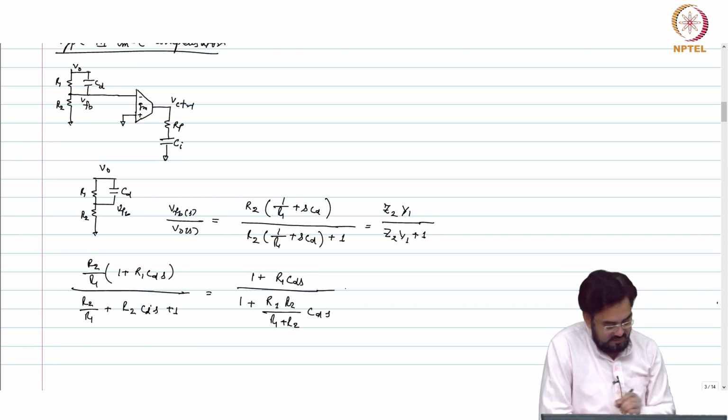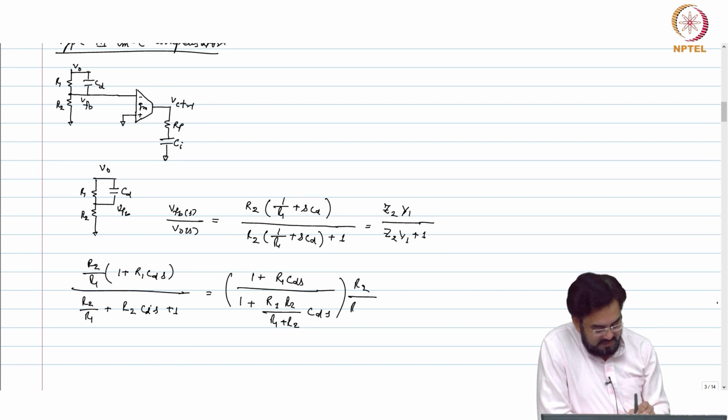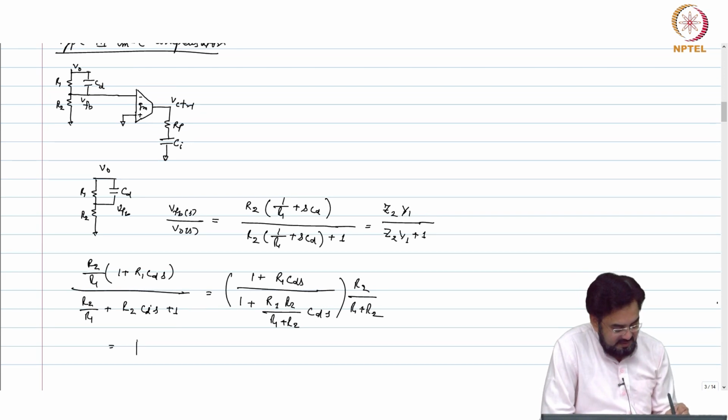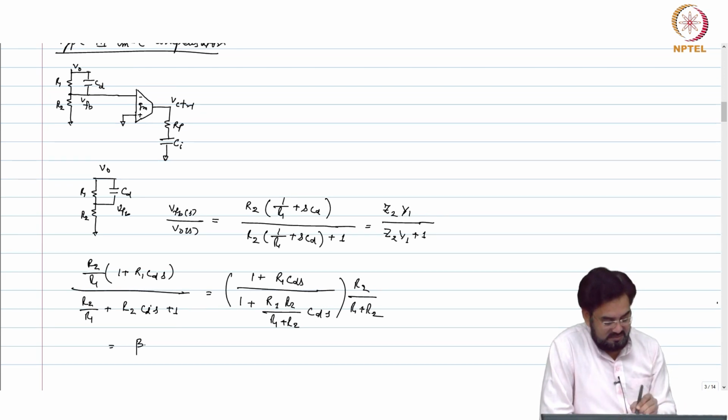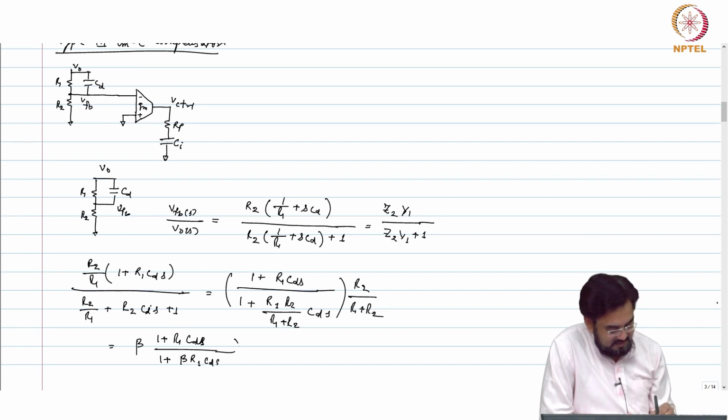DC gain is R2 by R1 plus R2, which is nothing but beta, times 1 plus R1 CDS divided by 1 plus beta R1 CDS.